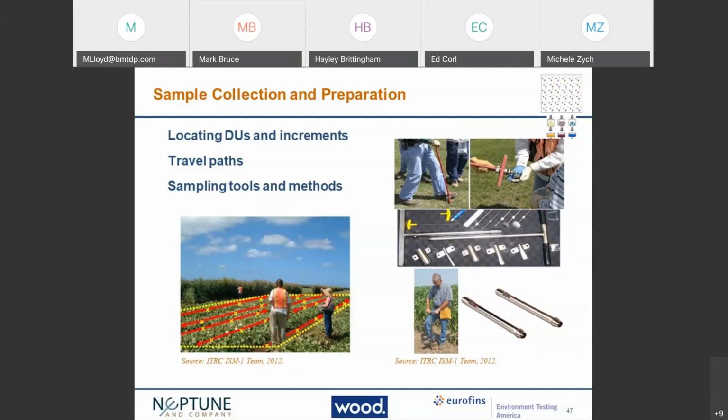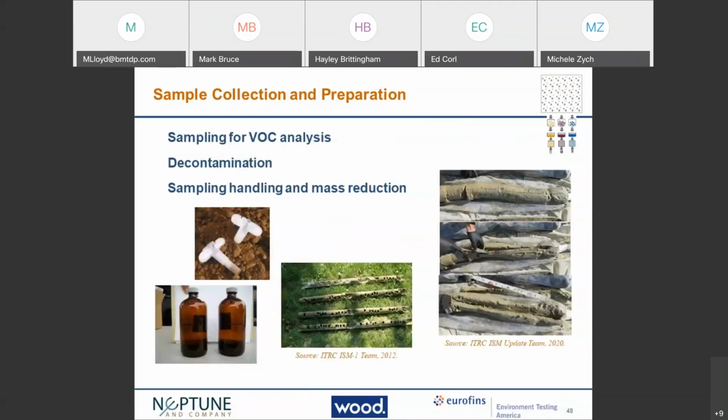Now, all of this planning helps the execution of the sampling be effective and very efficient. And that's something you want to strive for because you are collecting quite a few increments. Other things to consider: sampling for VOC analysis. In the field, you'll need to containerize that, typically in a pre-preserved bottle or jar, and you'll pull in the smaller increments there.